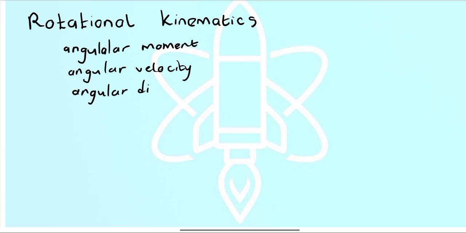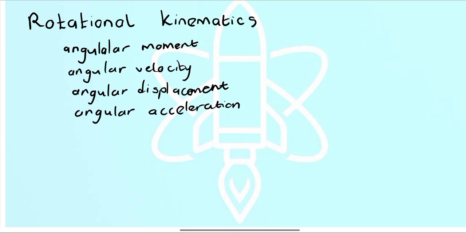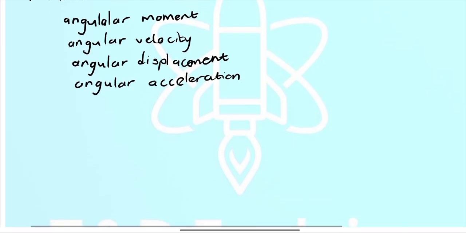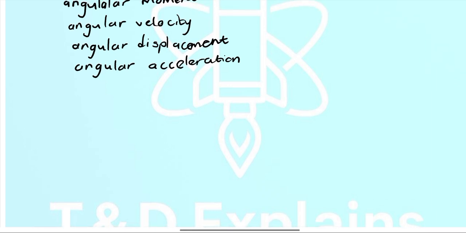So these are the new terms that we'll have to master under this topic. Angular acceleration. So you have to find a way to familiarize yourself with these key terms. You will learn how these quantities relate to rotating systems like wheels, gears, fans, and engines.